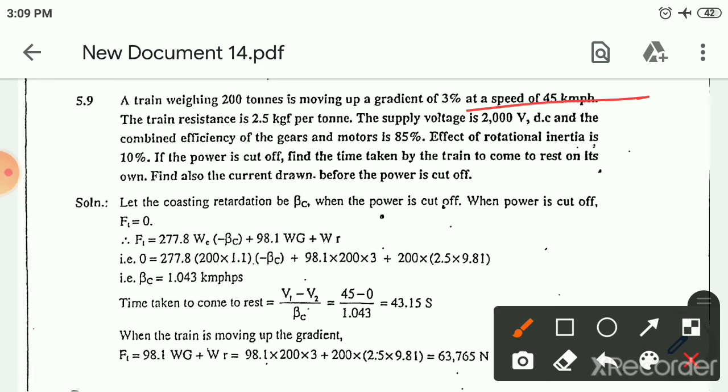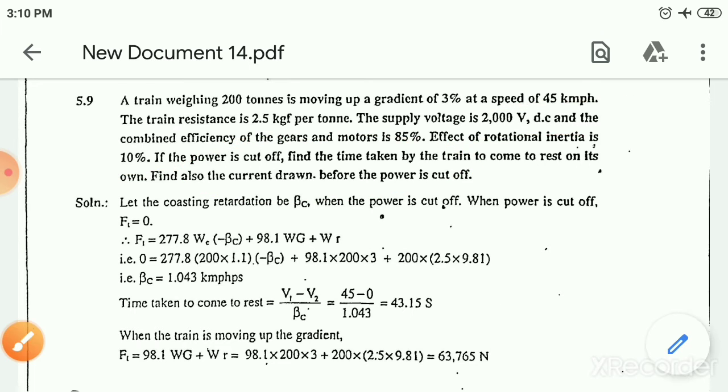The train resistance is 2.5 kg per ton. The supply voltage is 2000 volts DC, and the combined efficiency of the gear and the motor is 85%. The effect of rotational inertia is around 10%. If the power is cut off, find the time taken by the train to come to rest on its own. Find also the current drawn before the power off.